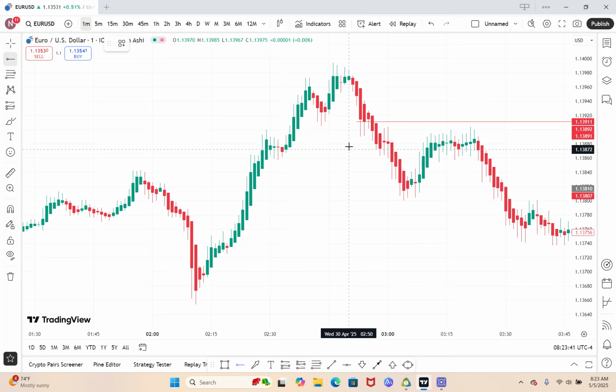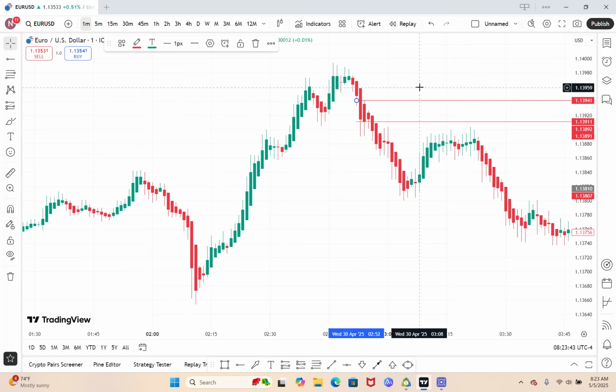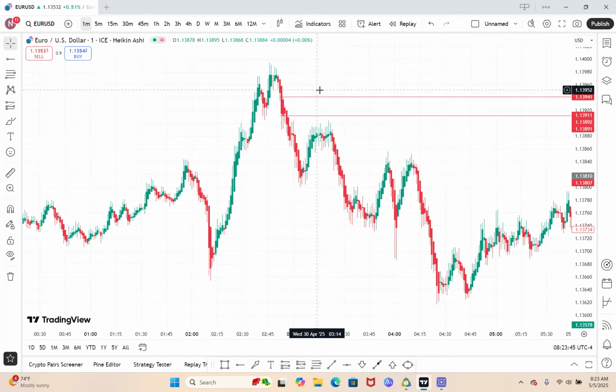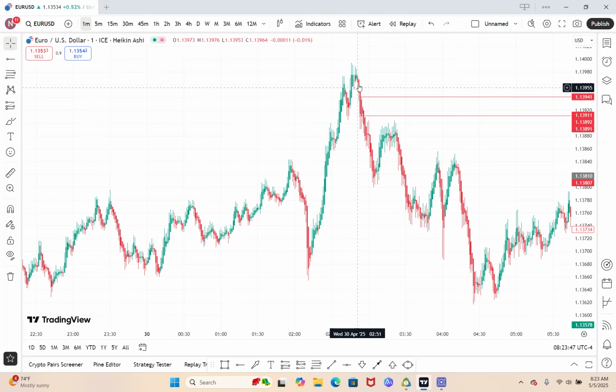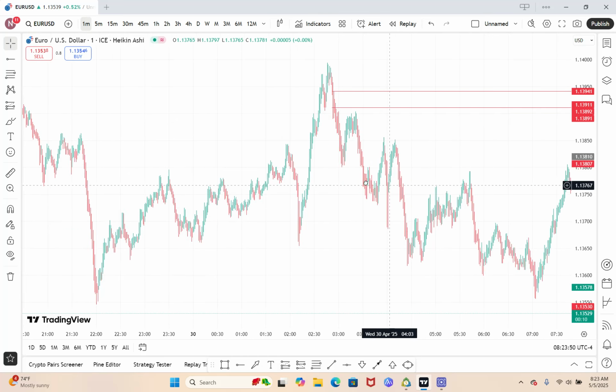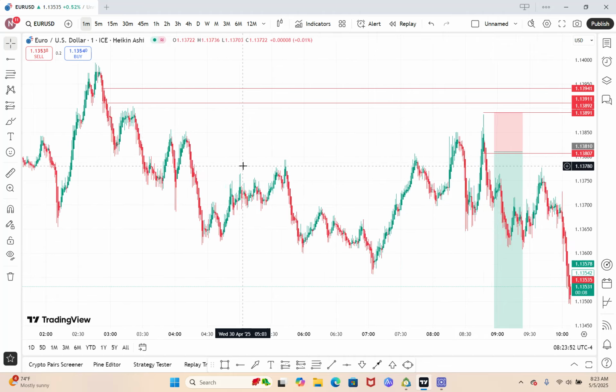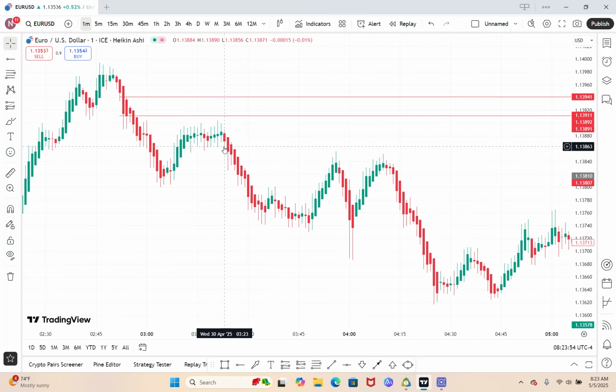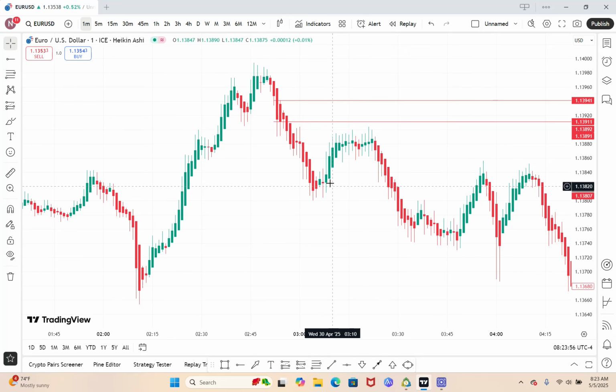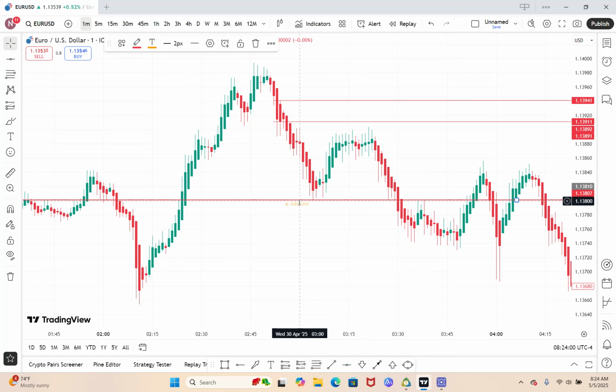Okay. Sellers are in control of this area because as you can see, the market broke below this structure. Let me show you. Right. Buyers pushed the market up from this price point to this price point.